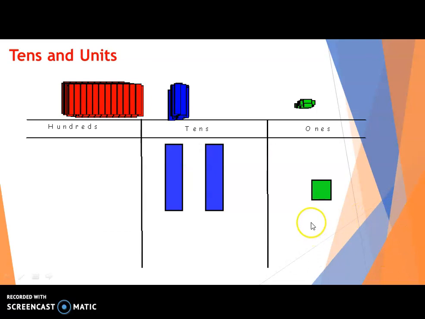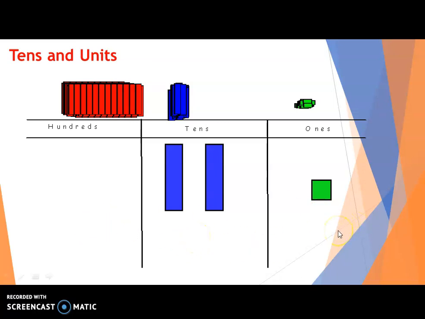The small block, or the green block, stands for the units. When talking of units, we have the position of ones. And the blue blocks stand for tens.